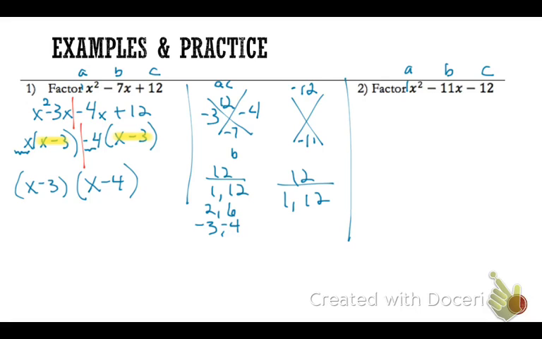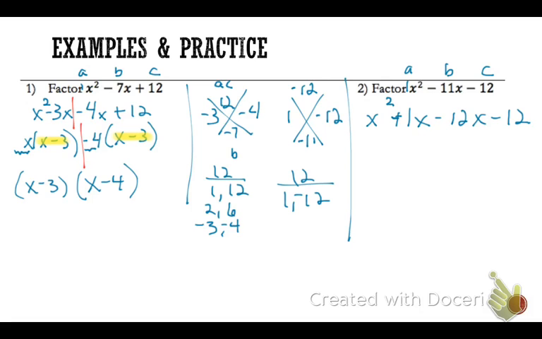So if I have positive 1 times a negative 12, that'll give me negative 12, and if I add those, I get negative 11. So I'll rewrite my middle term using 1 and negative 12.